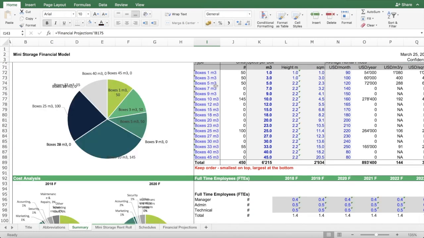A mini storage business is basically a storage facility which is rented to individuals and small businesses within a 20 minutes driving distance.